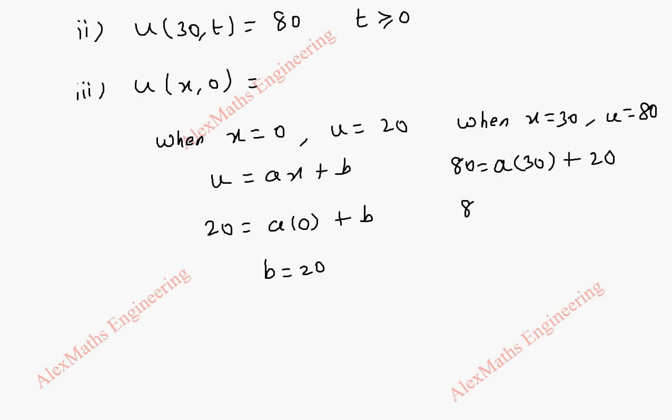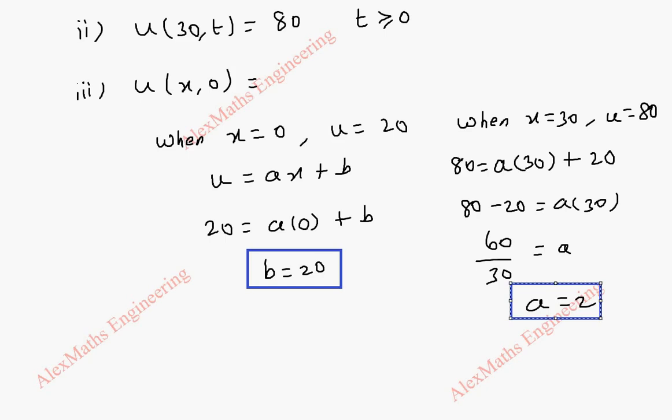So now this is 80 minus 20 equal to A into 30. So it is 60 by 30 is A. So A is 2. Now after getting A and B, we have our solution U equal to 2x plus 20.